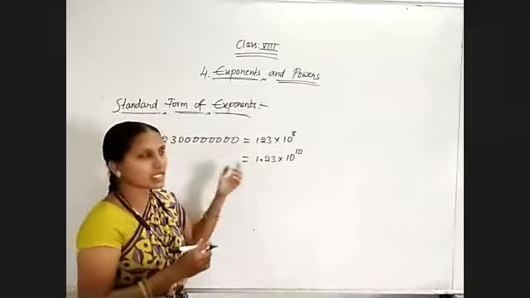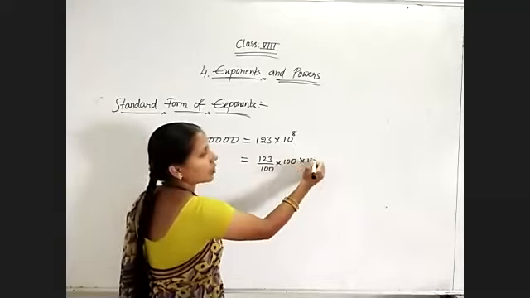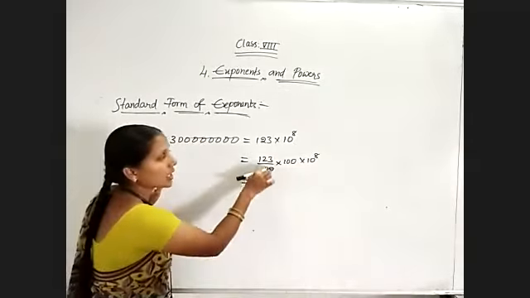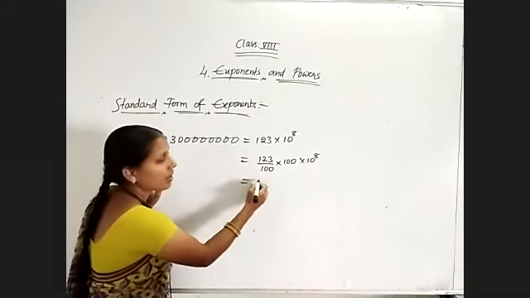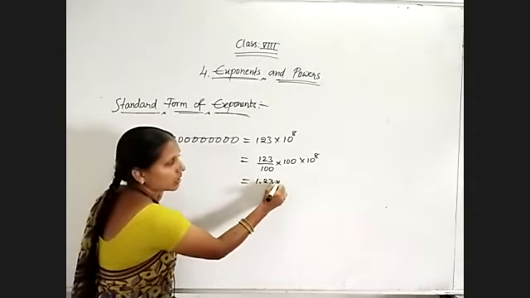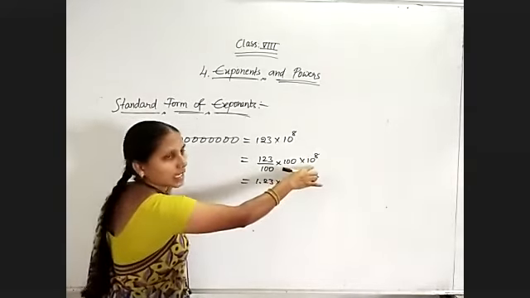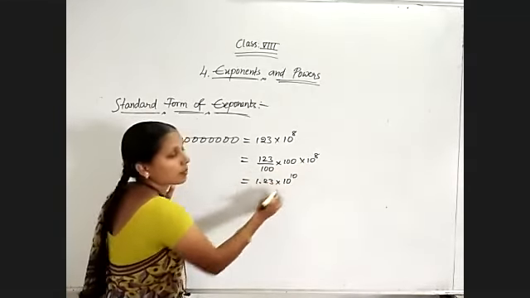Just observe. 123 by 100 into 100. Is there any problem? And already I have 10 to the power of 8. Is there any problem? No. 123 by 100 in decimal form is 1.23 into 10, and the 2 zeros added to 8 make it 10 power 10 completely.